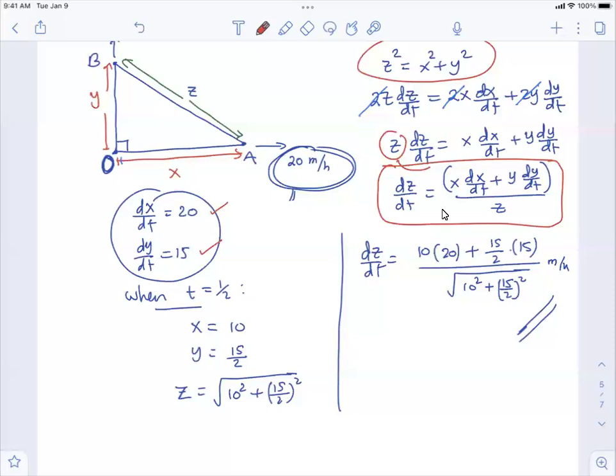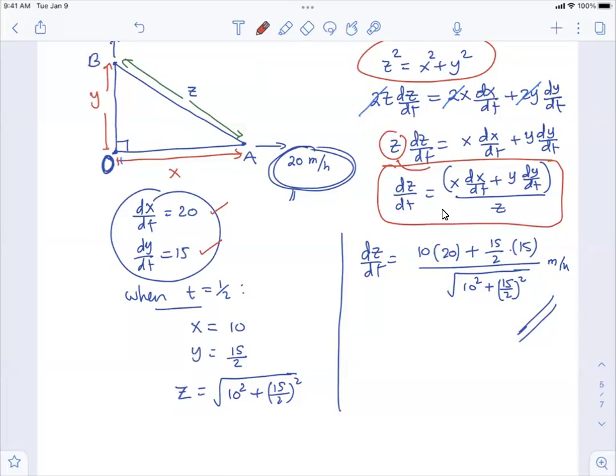after 30 minutes, after the passing of 30 minutes from the start of this motion, of this dynamical system. So for 30 minutes, don't include 30. Instead, you need to include 1/2, which means half an hour.